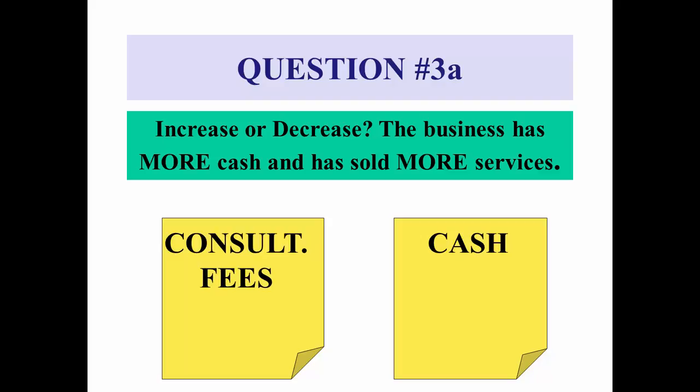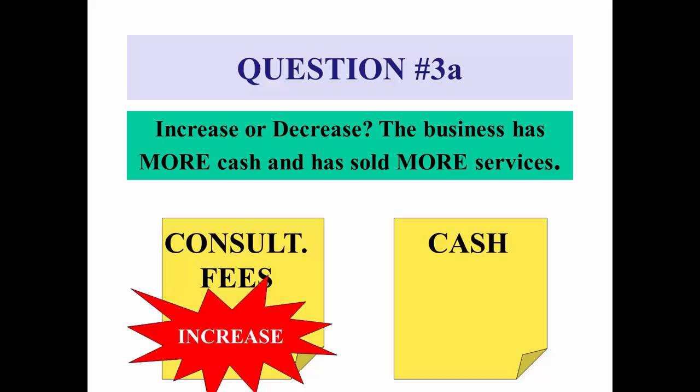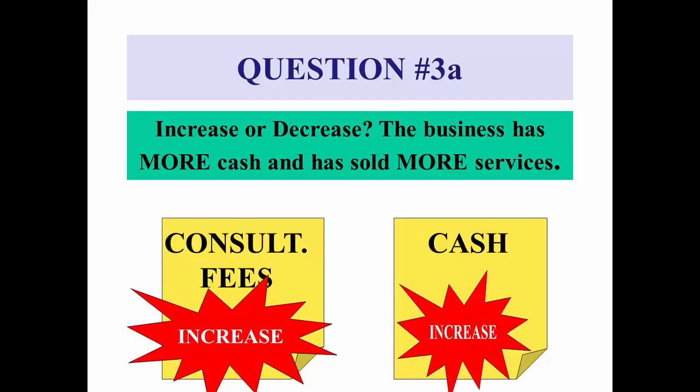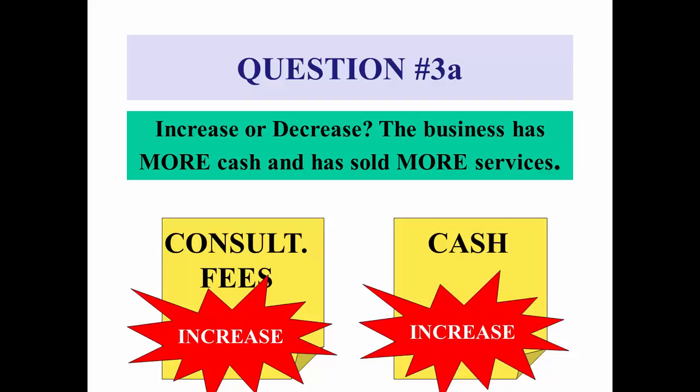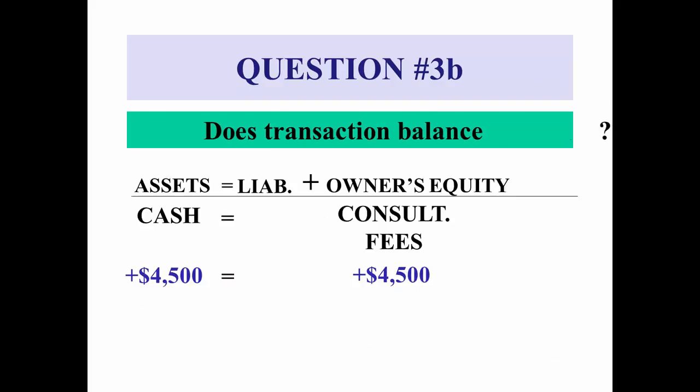We have more cash than we did 5 minutes ago. Did we sell more or less services? We sold more services. So there's an increase in consulting fees and an increase in cash. When we take a look at our accounting equation, we have an increase of $4,500 in cash and an increase of $4,500 in consulting fees.